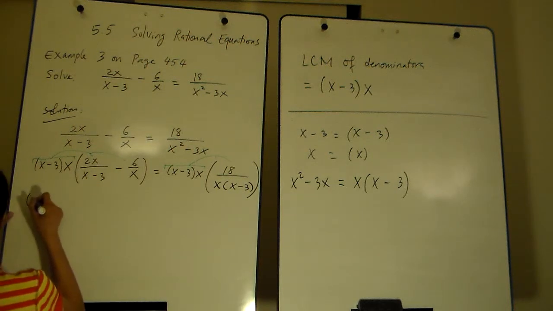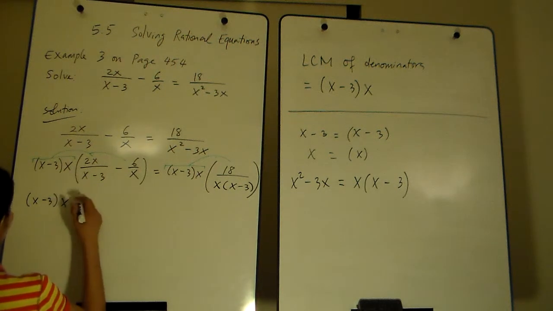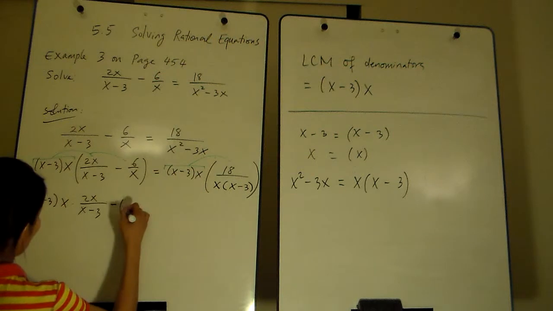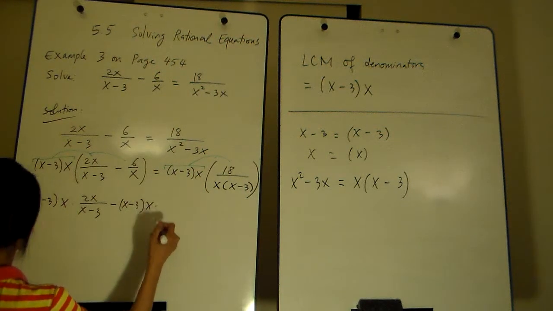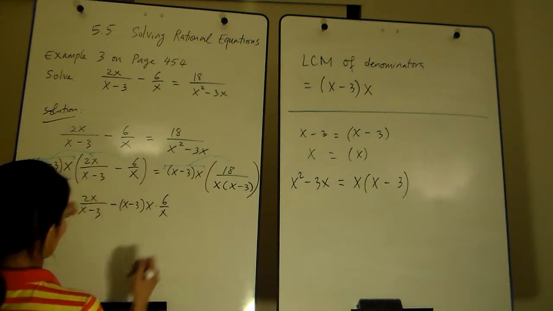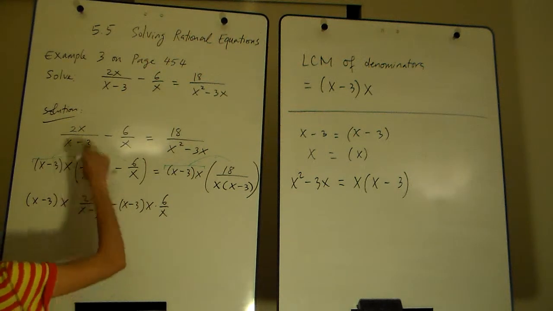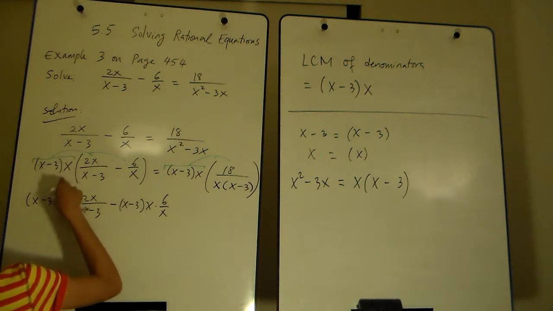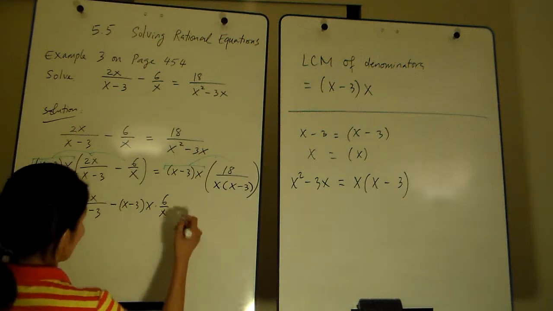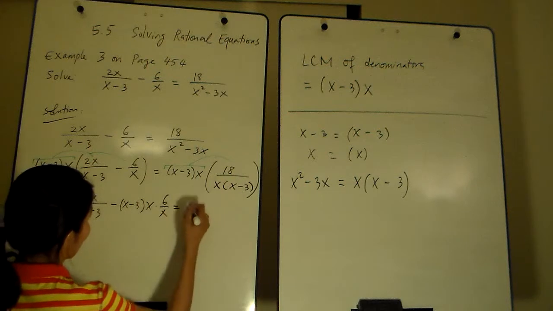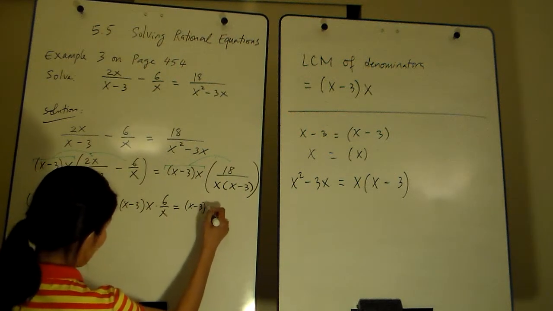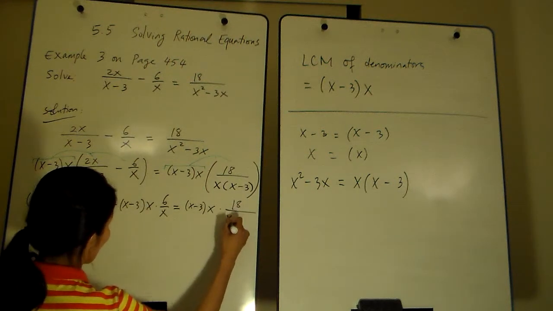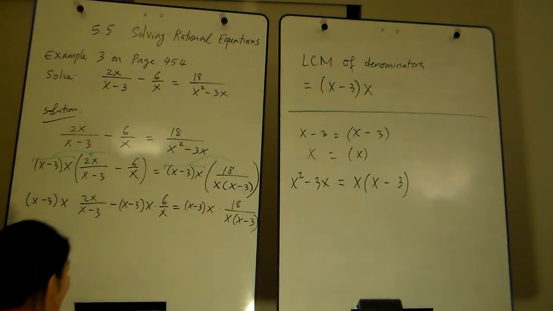So x minus 3 times x times 2x divided by x minus 3, minus x minus 3 times x times 6 over x, equals x minus 3 times x times 18 divided by x times x minus 3, okay?